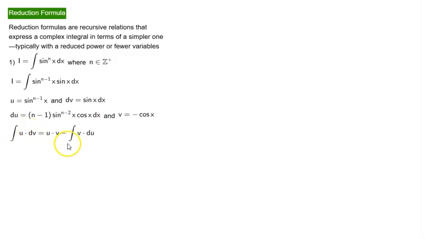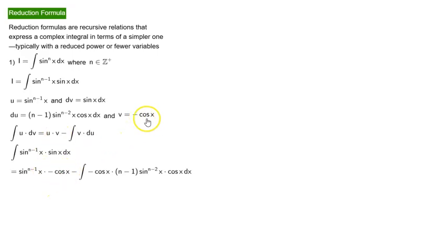Now we apply the formula for the integration by parts. We get integral of sine to the power of n minus 1 of x times sine x dx is equal to uv. U is sine to the power of n minus 1 of x times v.